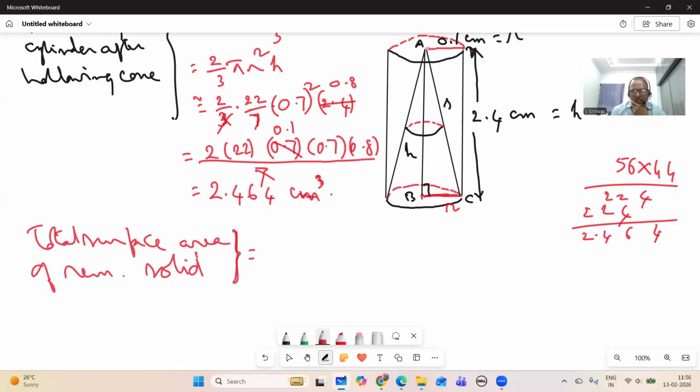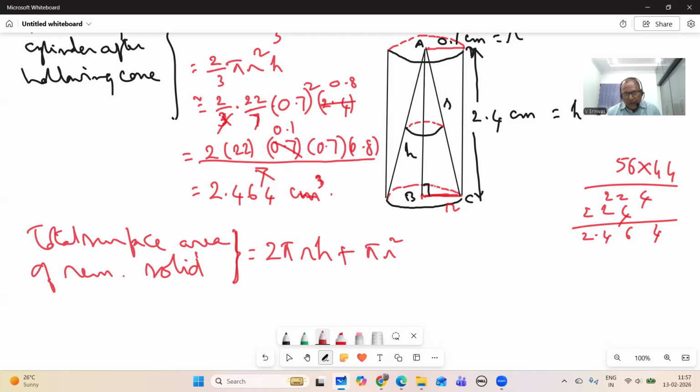From this cylinder we are hollowing out a cone. Therefore, this base will not be there, but this base remains. The lateral surface of the cylinder also remains. So total surface area is the lateral surface area of the cylinder, that is 2 pi r h, plus this top face area of the cylinder, that is pi r square.